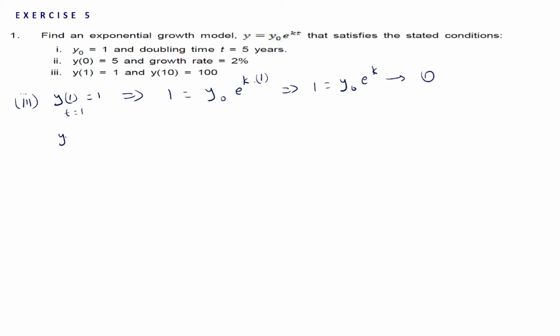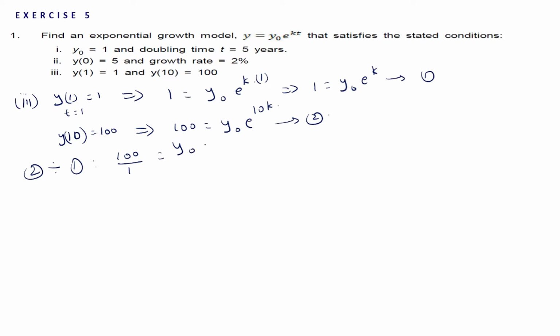Then y of 10 equal to 100 is given, which means 100 is equal to y0 into e raised to 10k. Let us mark this as equation 2. Now if we divide 2 by 1, we get 100 upon 1 equal to y0 into e raised to 10k upon y0 into e raised to k.